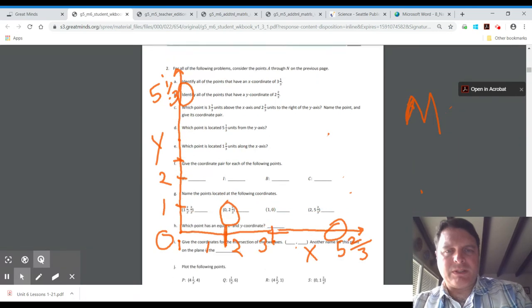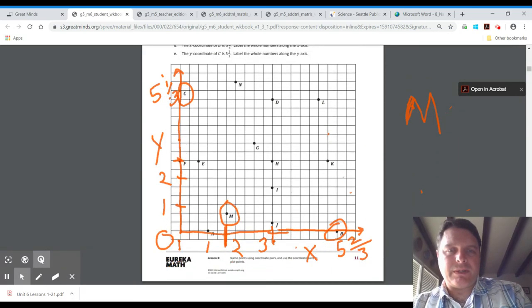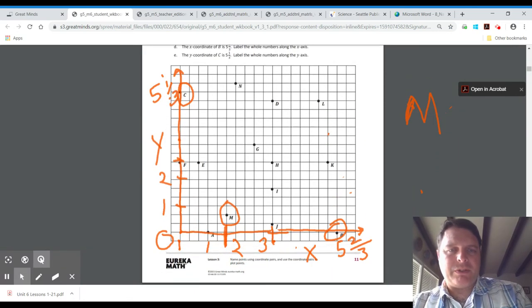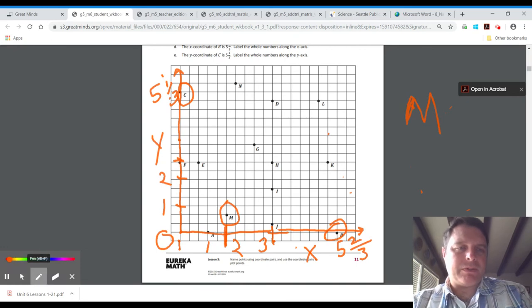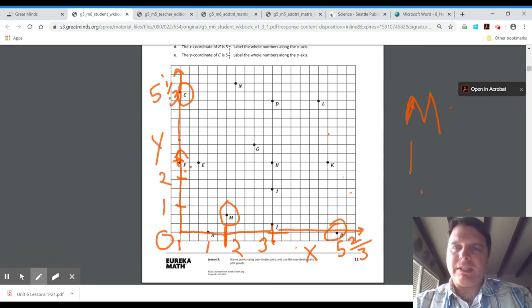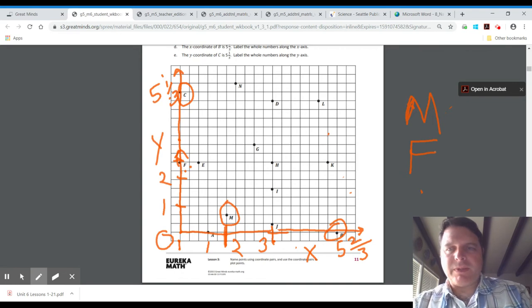Sorry, 2 2/3. So we have to go up 2 2/3. So 2 2/3, that's letter F right there. So the second one is letter F. 0, 2 2/3. If you have your paper out, you can mark those down.